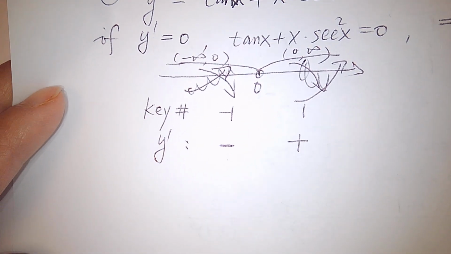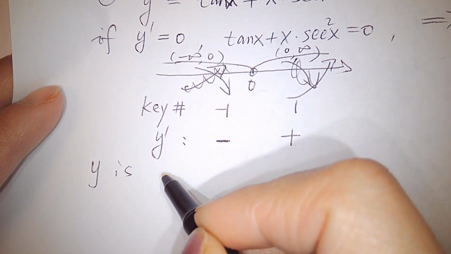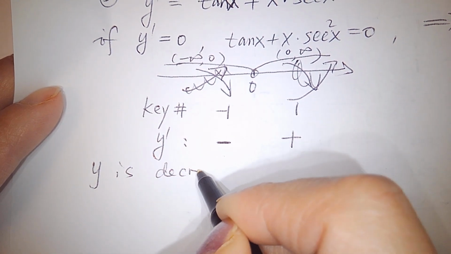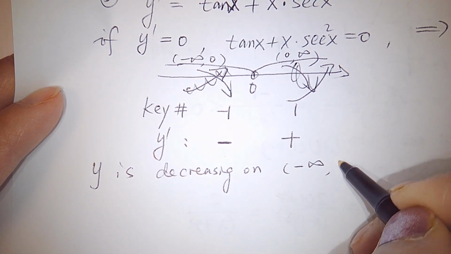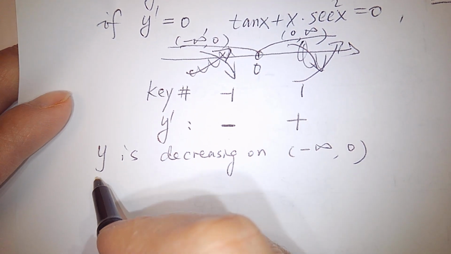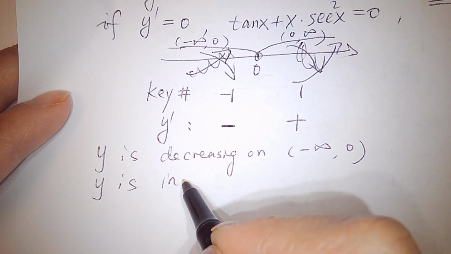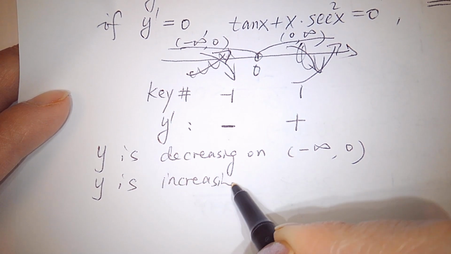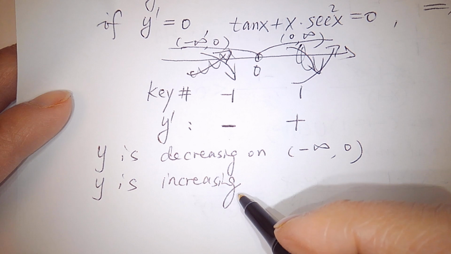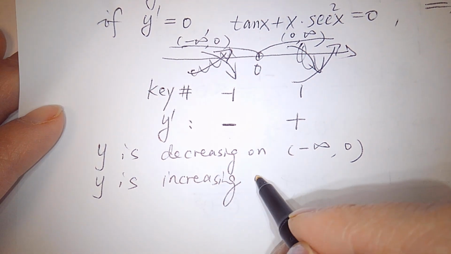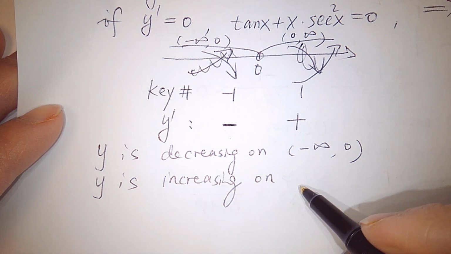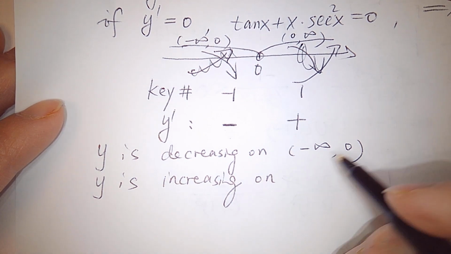So we'll say y is decreasing from negative infinity to 0. I will give you questions on the test about how to graph a function, and you have to do all of these steps in order to sketch the graph. Do we write it as negative infinity, or negative pi over 2?